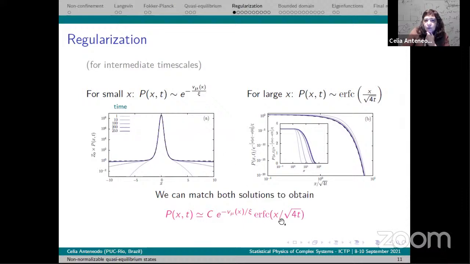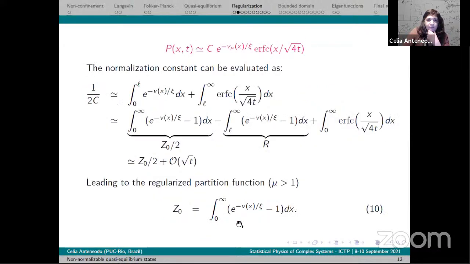And we can match this solution for short and long distances. This can be done simply by the product, since this will tend to 1 for long distances, and this will be approximately 1 for short distances. So we can make this product and match both behaviors, near the well and far away. We have also solved the problem through eigenfunction expansion, but I will refer to this form that is more intuitive.